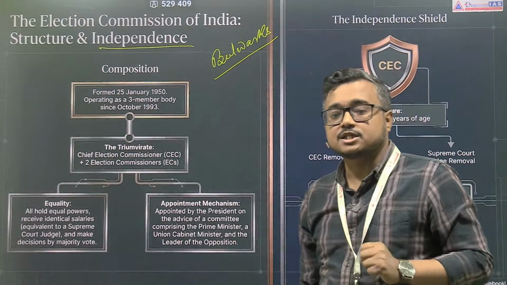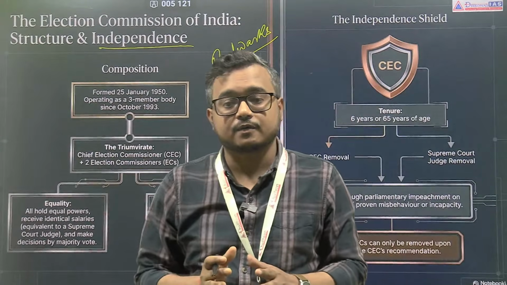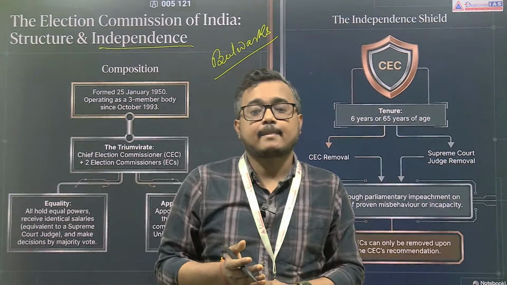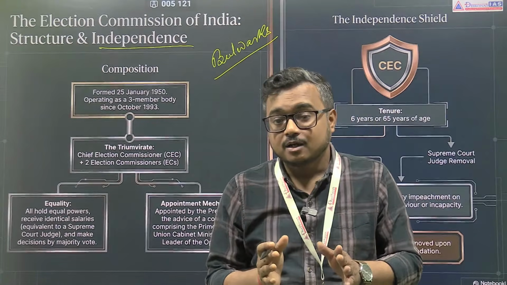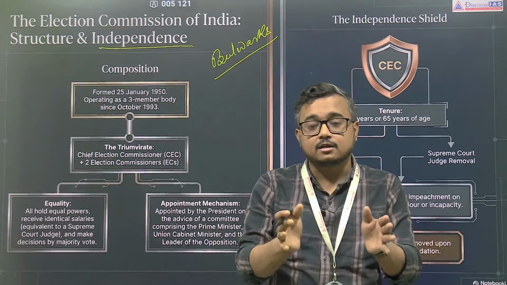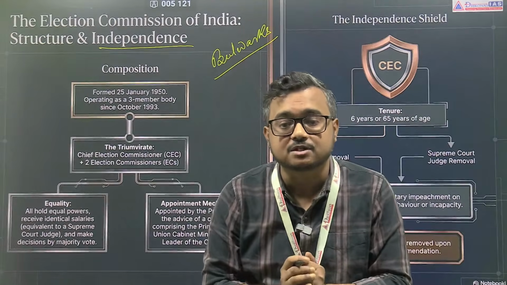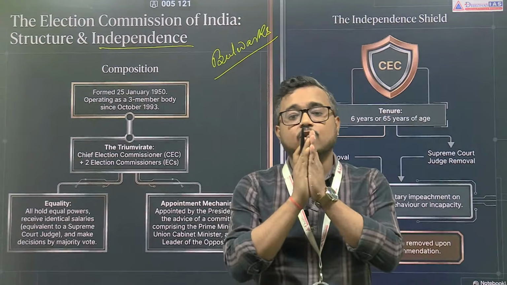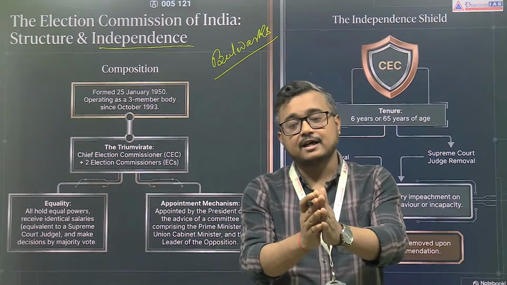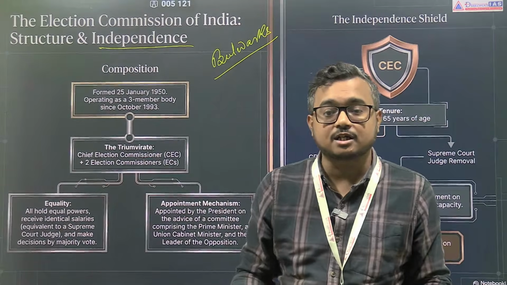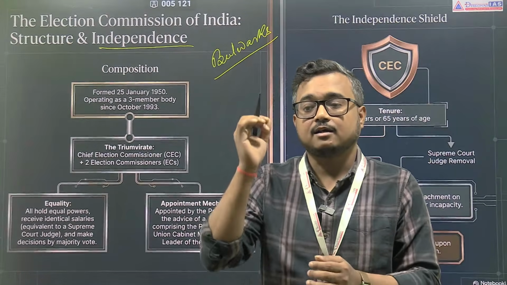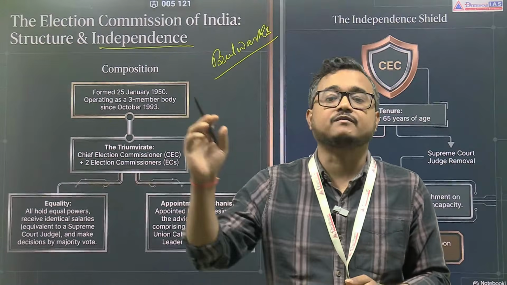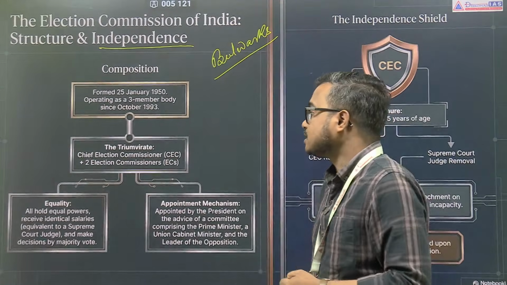There are 4 such institutions which are considered to be bulwarks: ECI, UPSC, CAG, and Supreme Court. Why? Because all of them together, they support the democratic principles of the country. And what is the role of ECI here? The role of ECI is to conduct a free and fair election, to ensure that in a democracy, the final voice should be of the people, right?